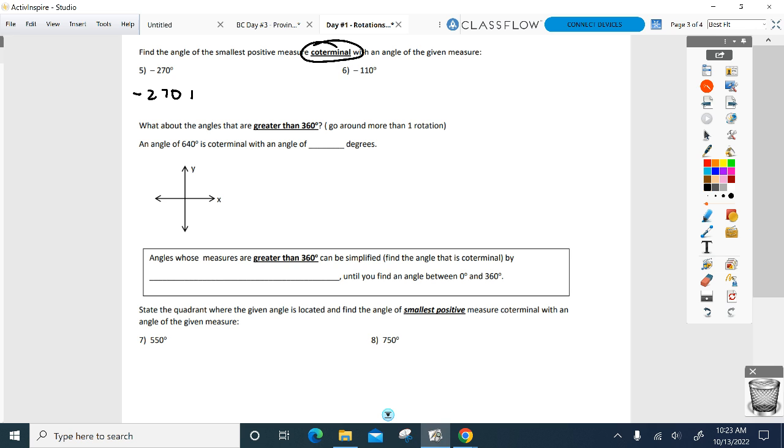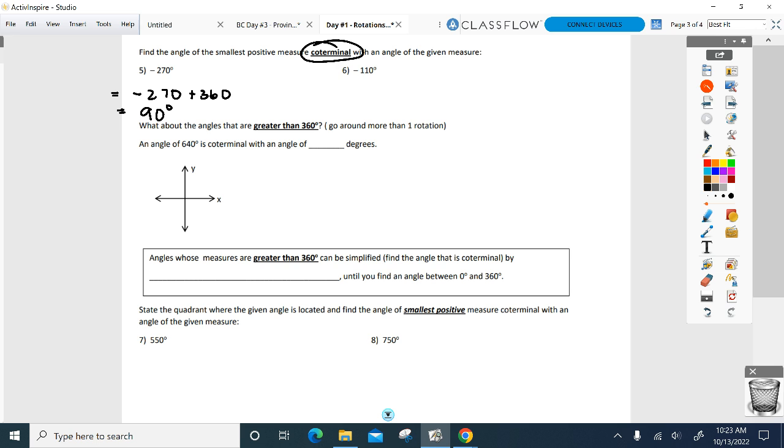Add 360 to it. And I get a positive angle of 90. There you go. 90 and negative 270, same angle. Just going in different directions.